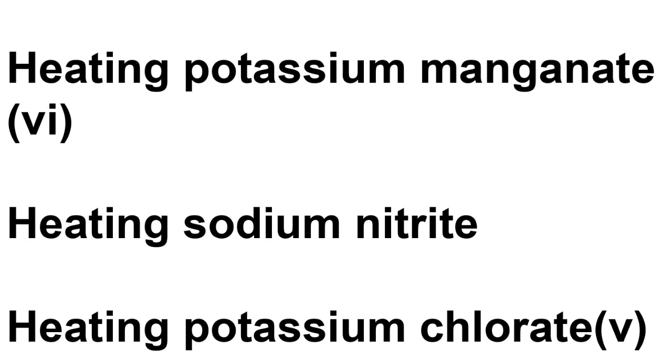And another one would be heating of potassium chlorate(V) to produce potassium chloride plus oxygen gas. We are not going to look at them in detail because they are not very commonly used, but it is important to mention that there are also ways in which you can prepare oxygen gas in the laboratory.